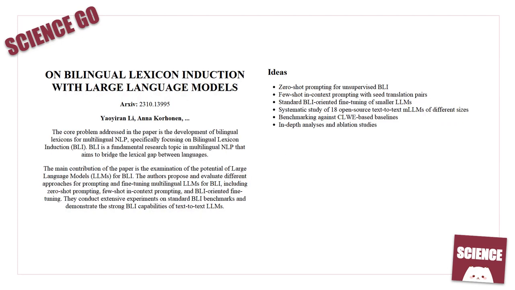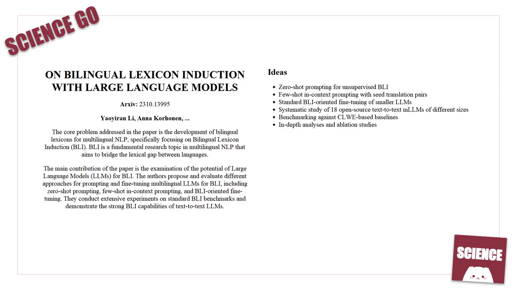The paper on bilingual lexicon induction with large language models explores how to create bilingual dictionaries for different languages using large language models. These dictionaries help computers understand and translate words between languages. The paper suggests different methods for training LLMs to perform this task, such as using example translations or fine-tuning the models.